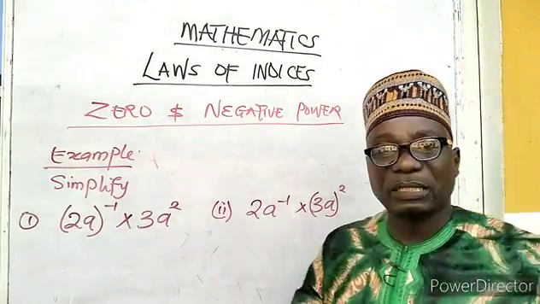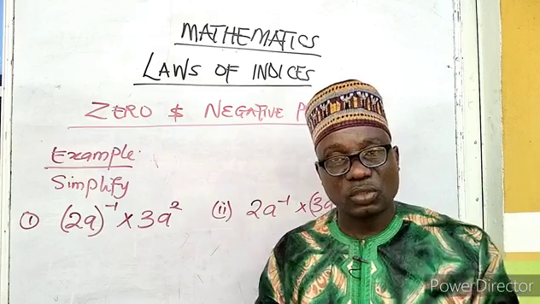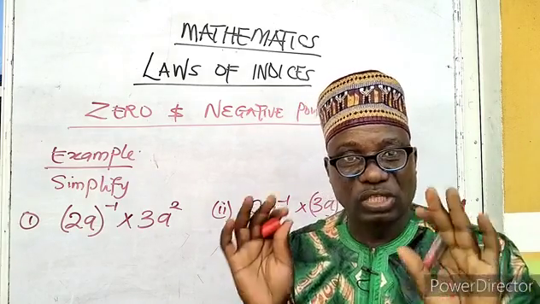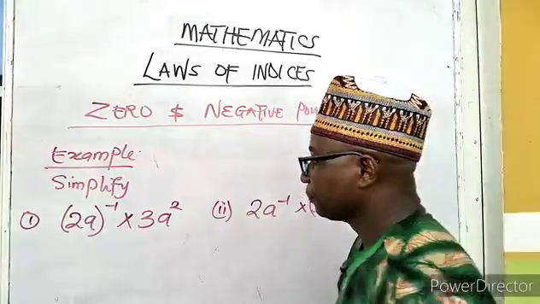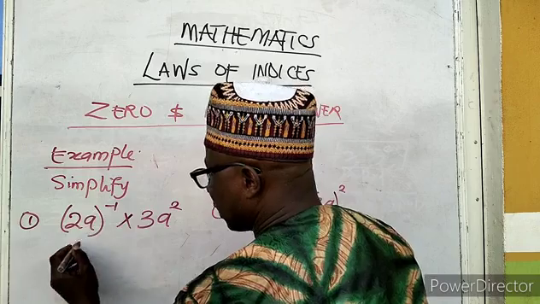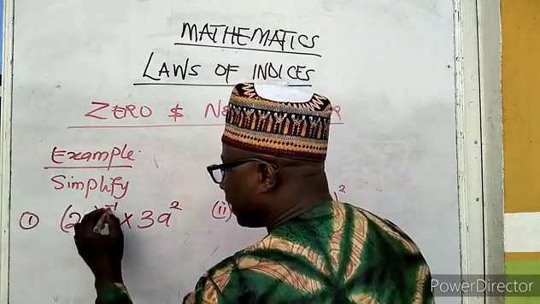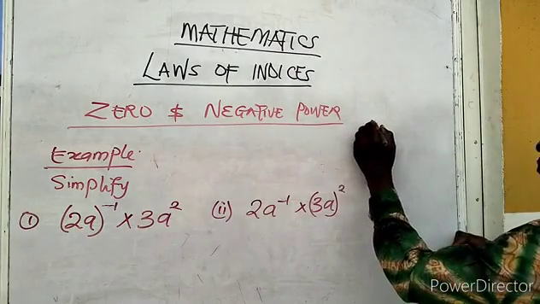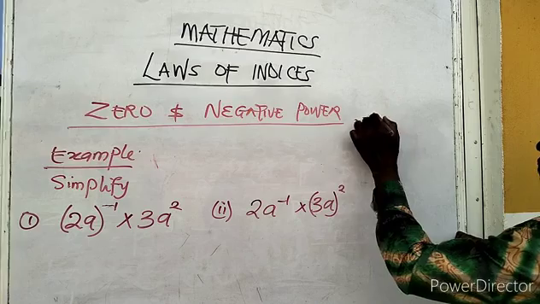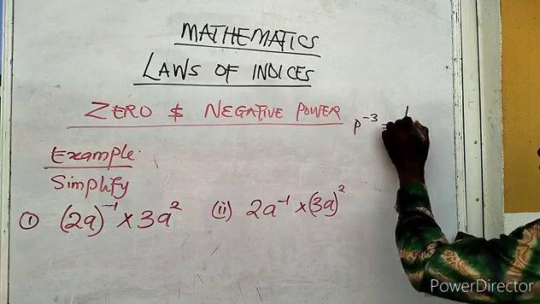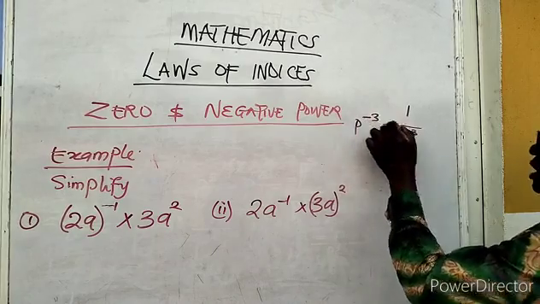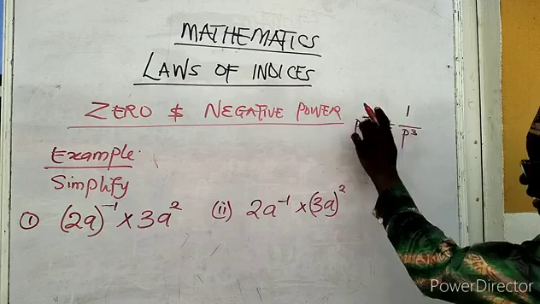I deliberately bring this example because students usually get it confused. But I'm going to simplify it now. Let's see. Now we have this one. If you go by no bracket here, minus here. P raised to the power of minus 3 is the same thing as 1 all over P cubed.